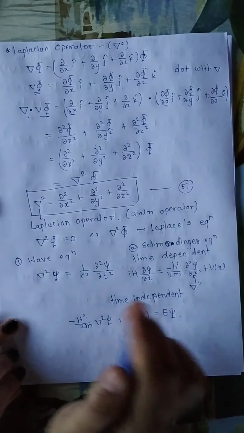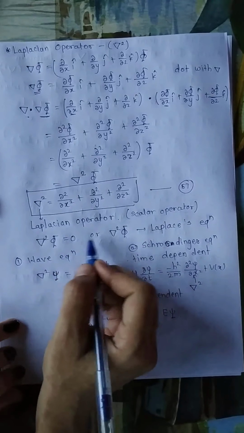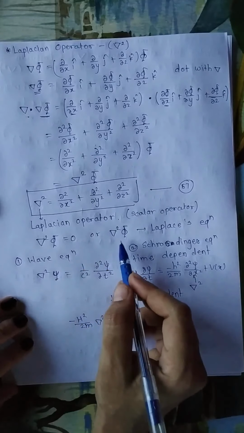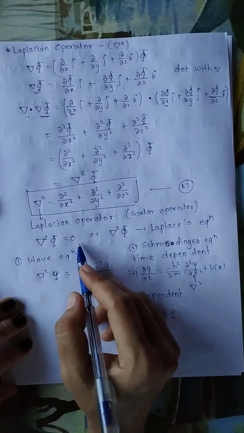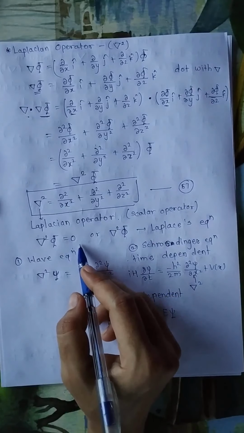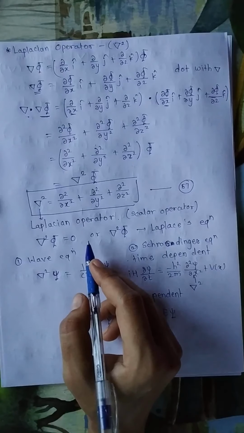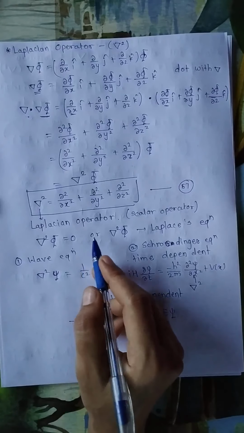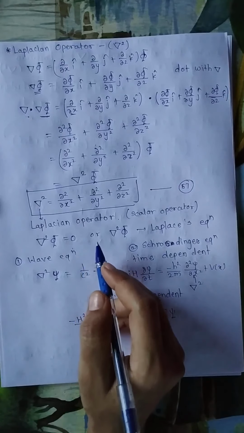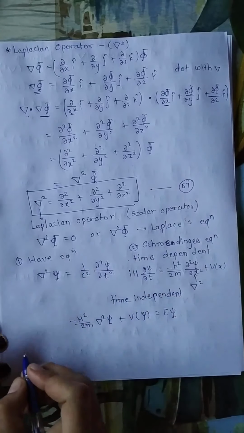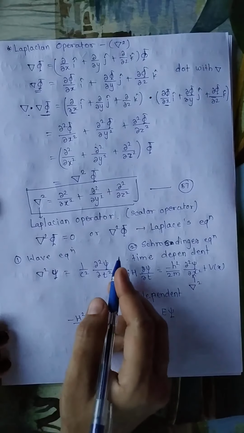Then another example is the Laplace equation. This we have already discussed, that is del square phi equals 0, and here the physical quantity depends on the coordinate system chosen, and we can find that del square equals 0, which is known as the Laplace equation.